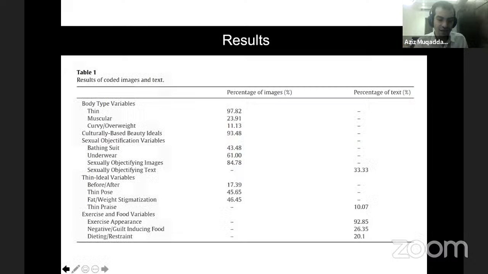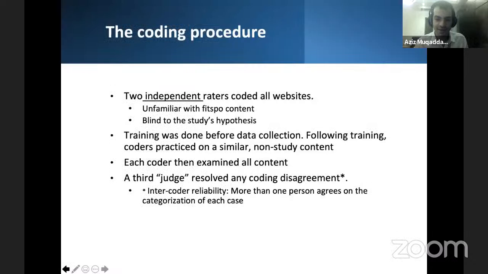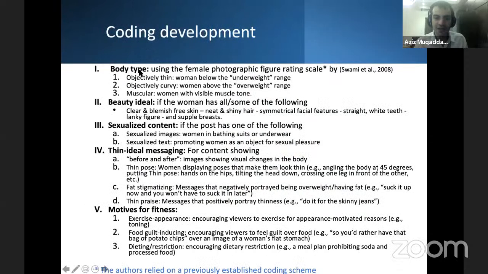Although what the authors did, as you see in here, is they lumped it all under one category. So the same pose, whether she's angling the body at 45 degrees or putting hands on the hips, is all the same pose. They did not treat it separately. Anything about same pose is just same pose, right? So you're either doing a same pose or not.